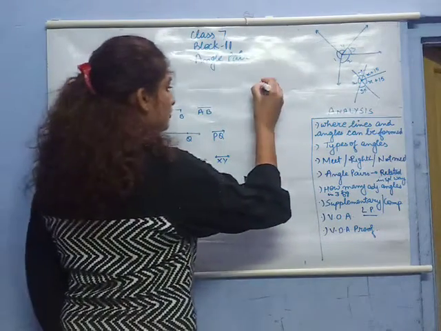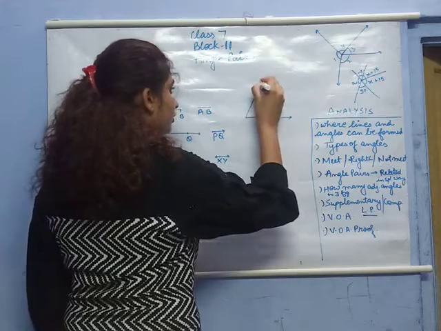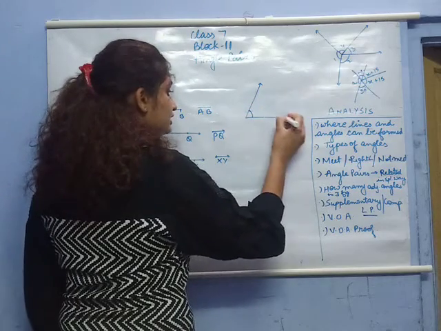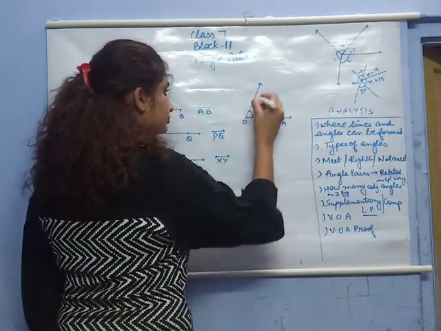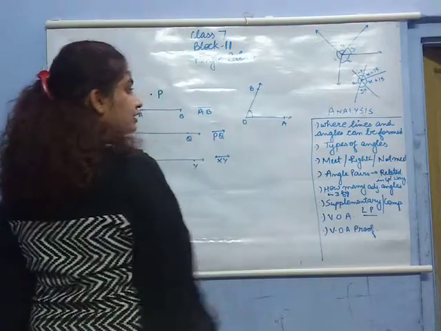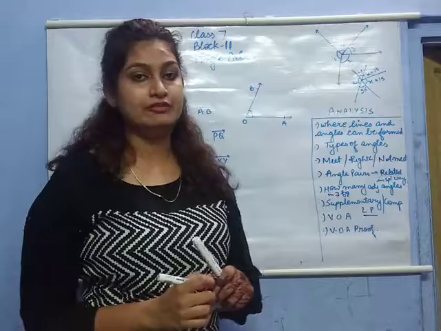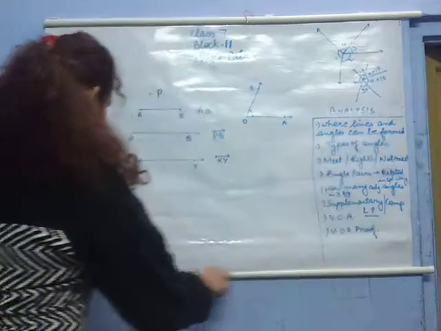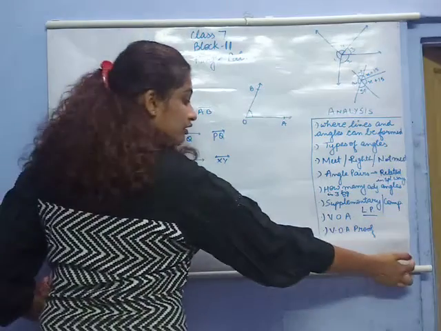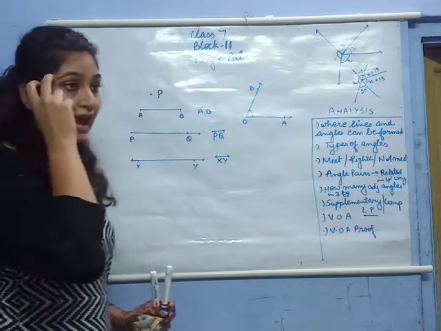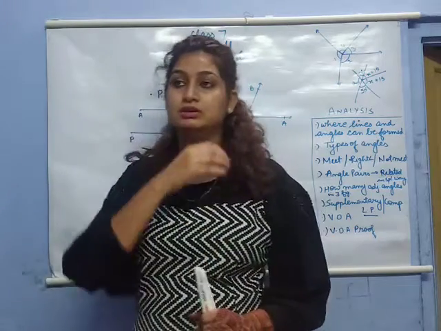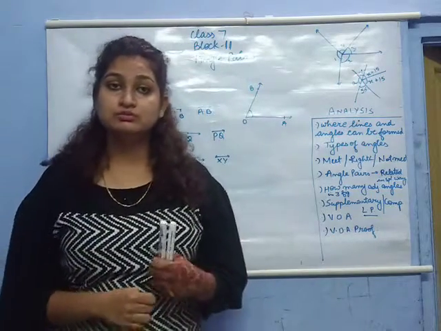Now we have learned about angles in the previous chapter. These are the angles, right? Lines and angles can be found in our daily life. We can say this is a line segment, the length is fixed, right? The edges of our door, the edges of our windows, tables and all.